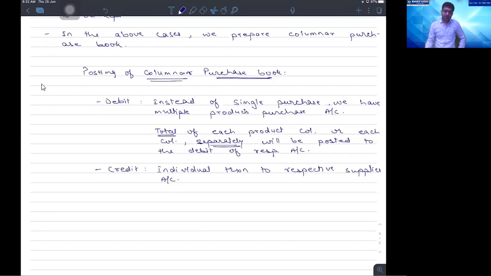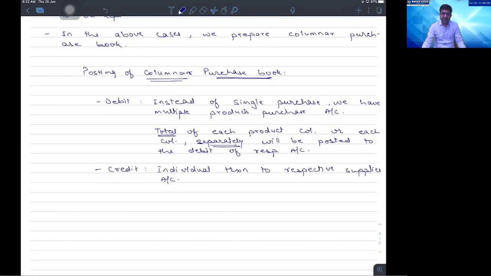The columnar purchase book. Am I clear for everyone? So this was about the concept of purchase book. What we need to talk about now is the concept of sales book. I hope I'm going right for everyone.